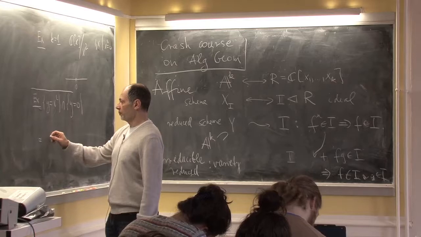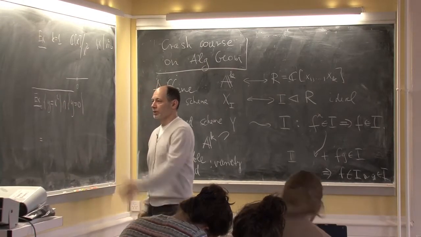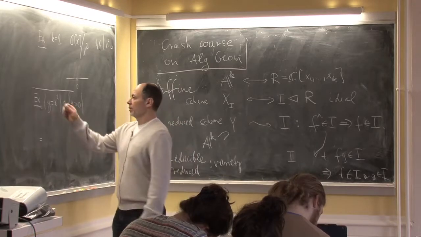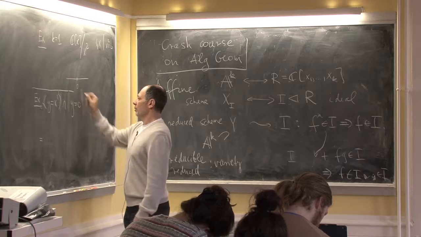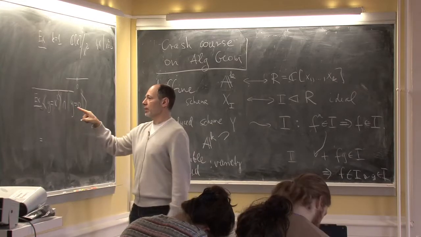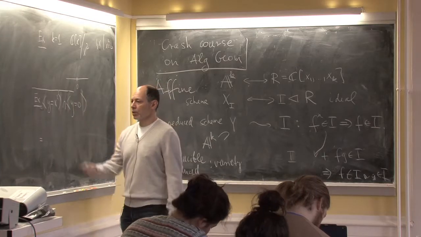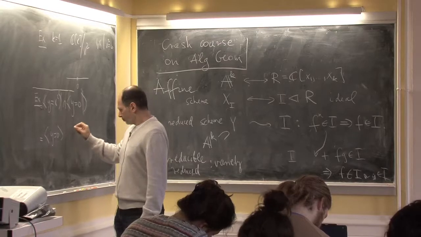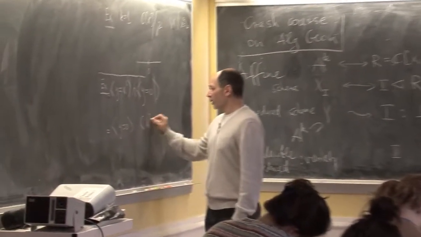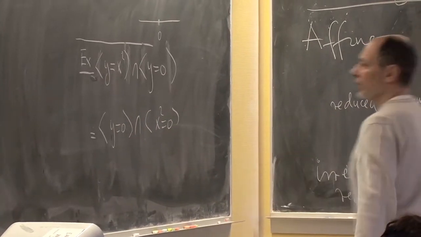By this I mean now not the set, it's the corresponding ideal. So the ideal generated by y minus x squared, and the ideal generated by just y equals 0. The intersection is obviously the same thing as y equals 0 and x squared equals 0. Sorry, why did I say intersection?